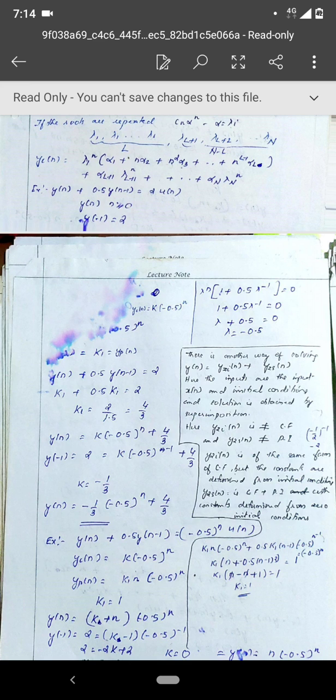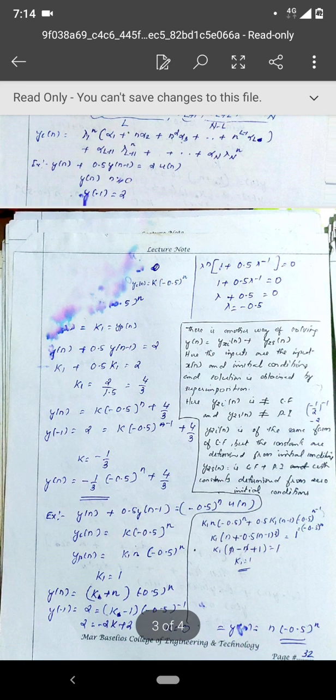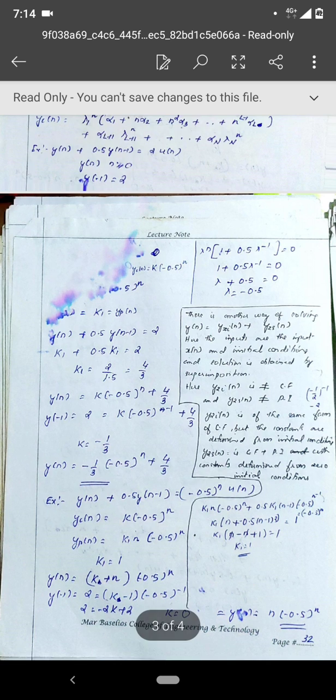And, well I explained, you can take lambda raised to n outside and equate that to 0. And then you have to multiply the whole thing by lambda raised to capital N. Here capital N is 1. So you multiply by lambda. You can see that lambda raised to n is taken outside. It becomes 1 plus 0.5 into lambda raised to minus 1, that is equal to 0.